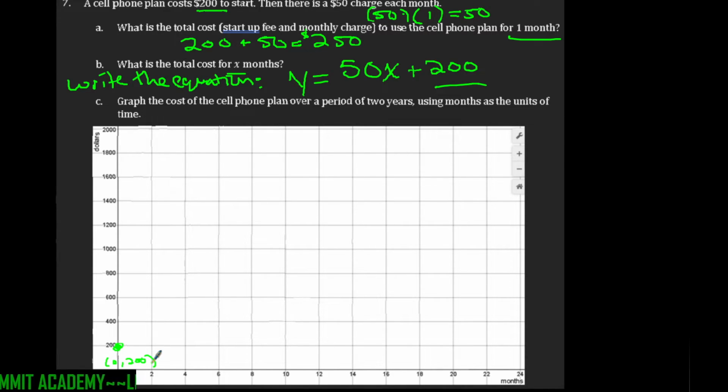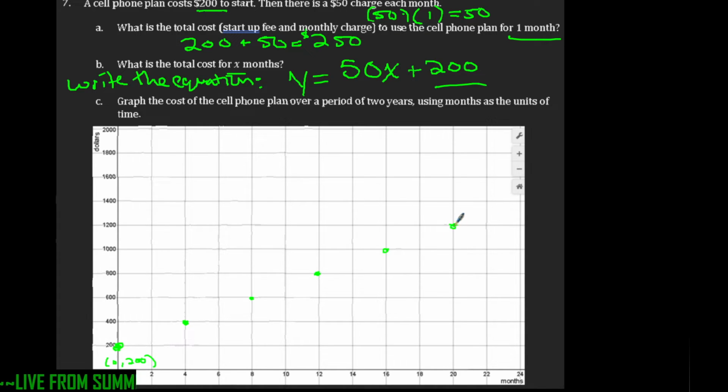And it's saying if I plug in some values, if you wanted to, you can actually graph it out, but I know it's increasing by $200 every 4 months, because if I do 4 times 50, that's another 200. So that means my slope is 2 steps to the right, 1 step up. So make that staircase, be able to graph those points.